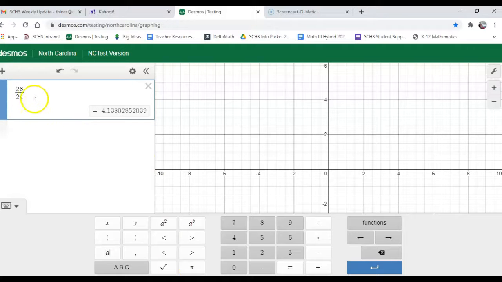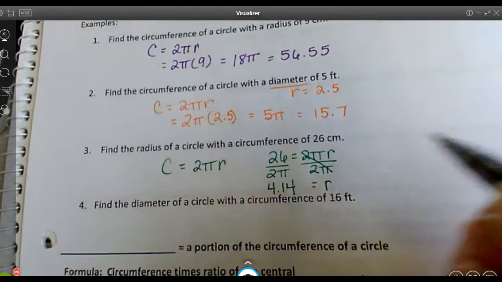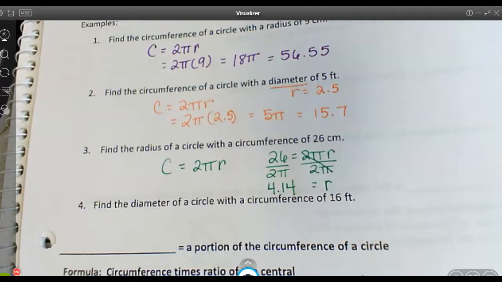If it does it separately, then it wouldn't be correct. That tells me that the r is 4.14. So finding the radius is not difficult as long as you know the formula. You're just sort of working backwards.